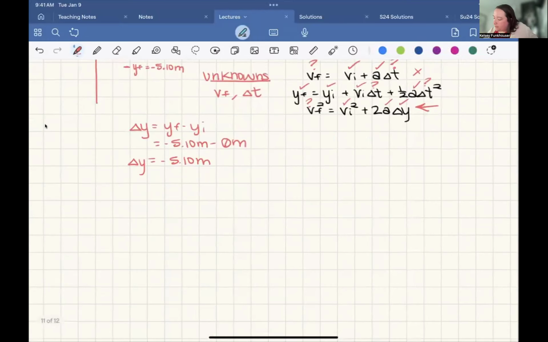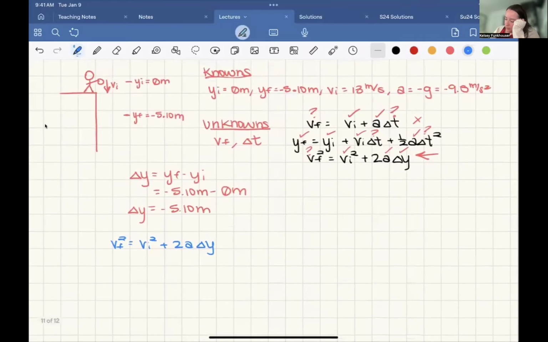Let's pick a different color, I think. Blue. Okay, let's see. V final squared equals V initial squared plus 2a times the displacement in y. And we know what V initial is, like I said. Oh, although I just realized I forgot something. V initial is also down. So our initial velocity is negative.